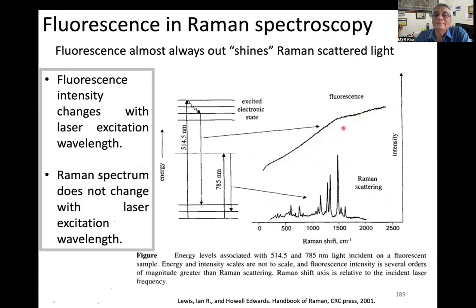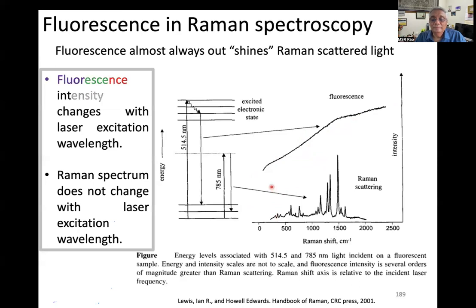It's a classic example of how fluorescence can outshine the Raman scattering intensities. If you just record this and say that you don't see any Raman modes in the range from 200 to 2,500 centimeter inverse, it's wrong, because everything is completely buried under the intense fluorescence emission in this particular case.